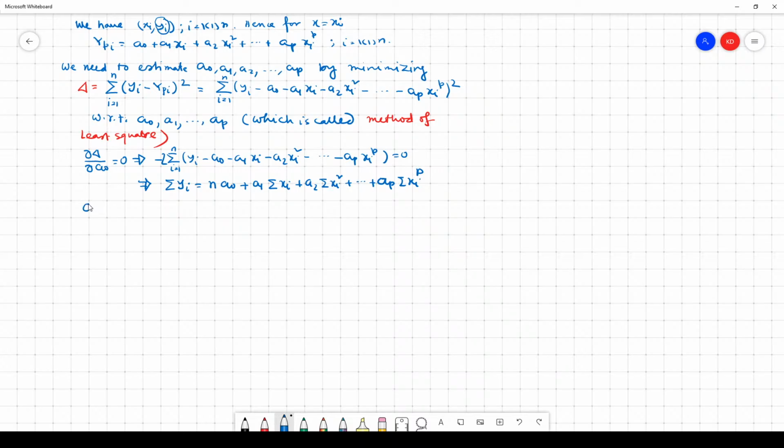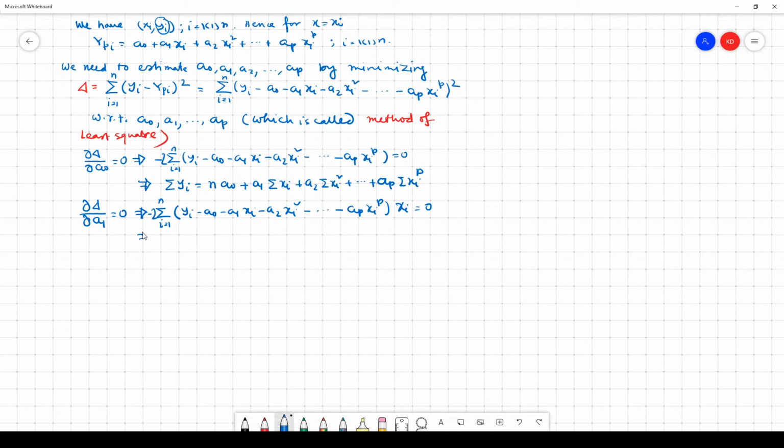Similarly, partial derivative with respect to a1 equal to 0 implies minus 2 into summation i from 1 to n of yi minus a naught minus a1 xi minus a2 xi square minus ap xi to the power p, into xi equal to 0.